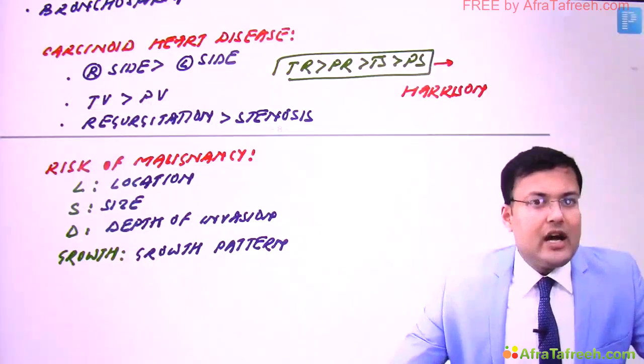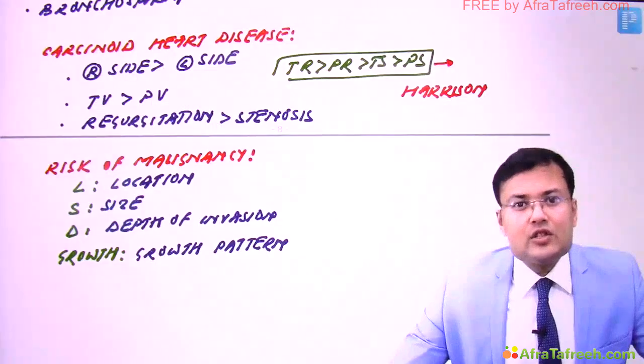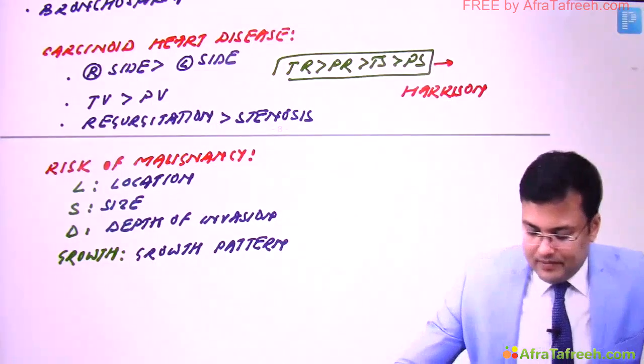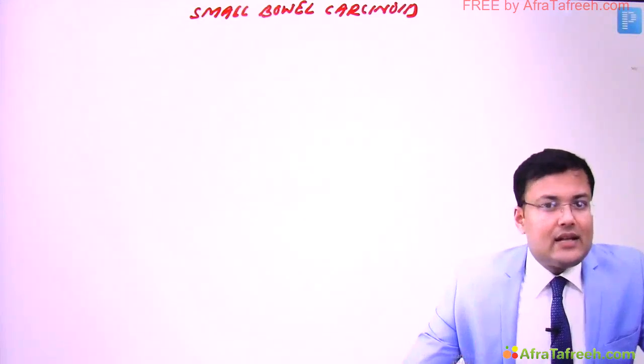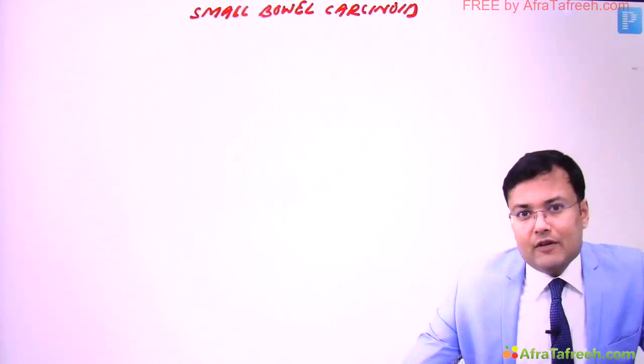In general. Now we are going to discuss small bowel carcinoid in detail. So first important point, small bowel carcinoid arises from which cells? ECL cells, enterochromaffin-like cells, and these cells are located where? In the crypt of Lieberkühn.